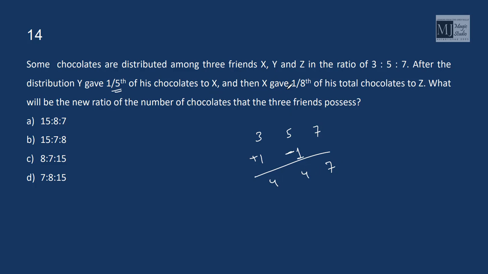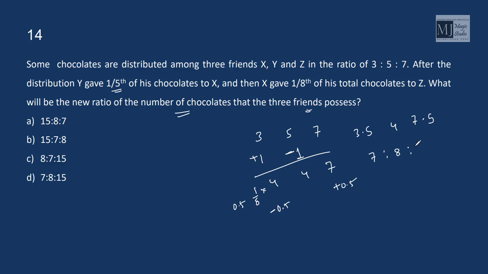And then X gives 1/8 of his total chocolates to Z. So 1/8 of 4 is 0.5. So now they have 3.5, 4 and 7.5 chocolates. What will be the new ratio of the number of chocolates that the 3 friends have? This can't be the ratio. Let's multiply by 2.